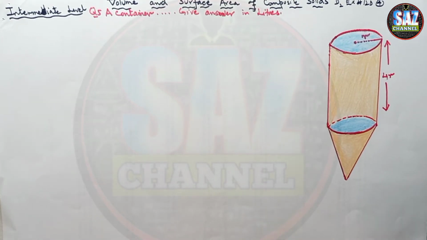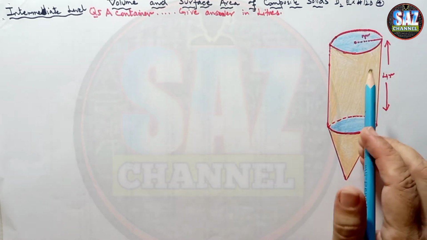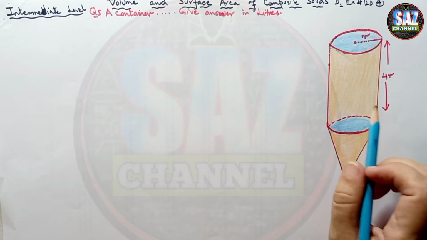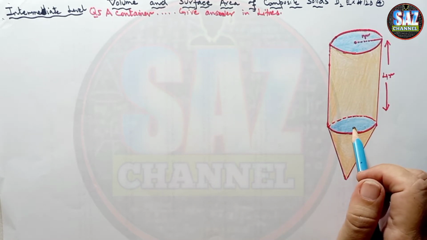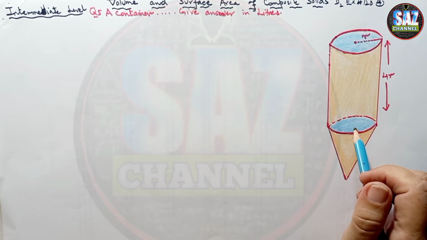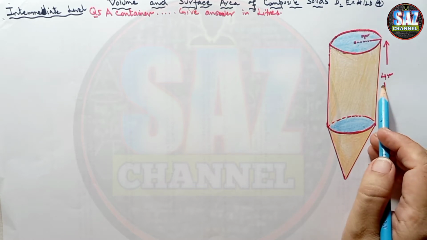The question says, a container is made up of a hollow cone with an internal base radius r centimeter, and a hollow cylinder with the same base radius and the internal height of 4r centimeter.